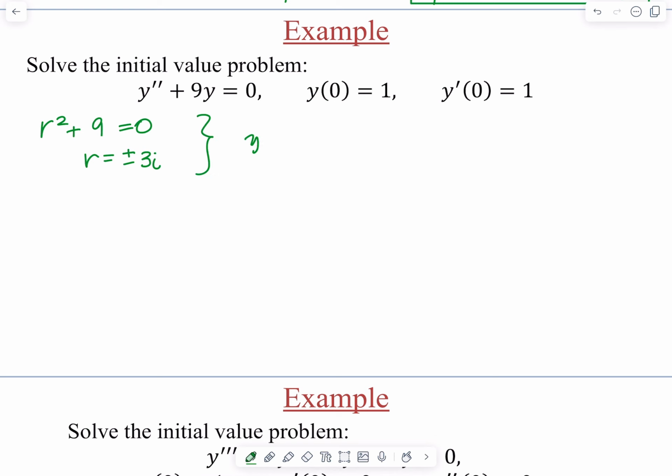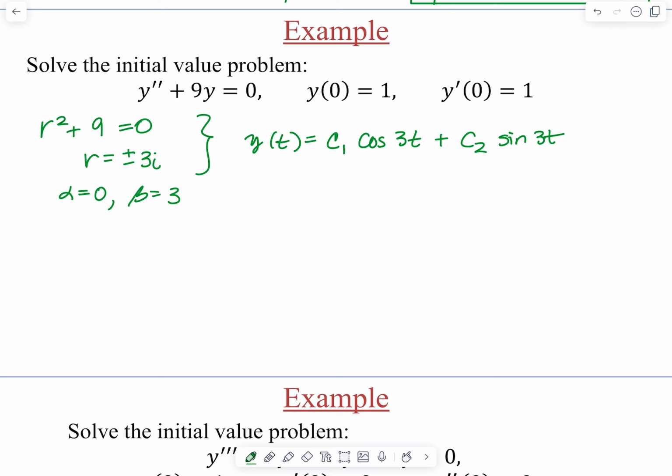So our general solution is y of t, and of course here we have alpha is 0 and beta is 3. So we have y of t is equal to c1 multiplied by the cosine of 3t plus c2 multiplied by the sine of 3t.